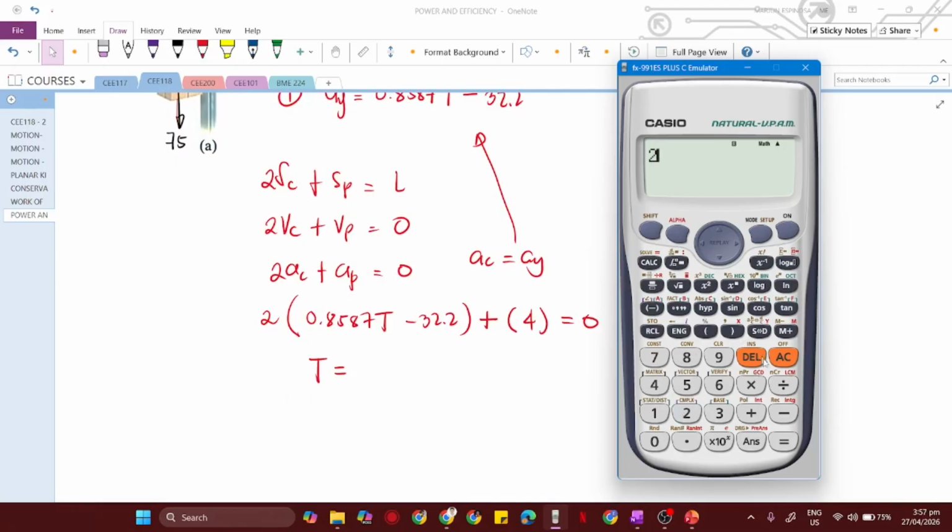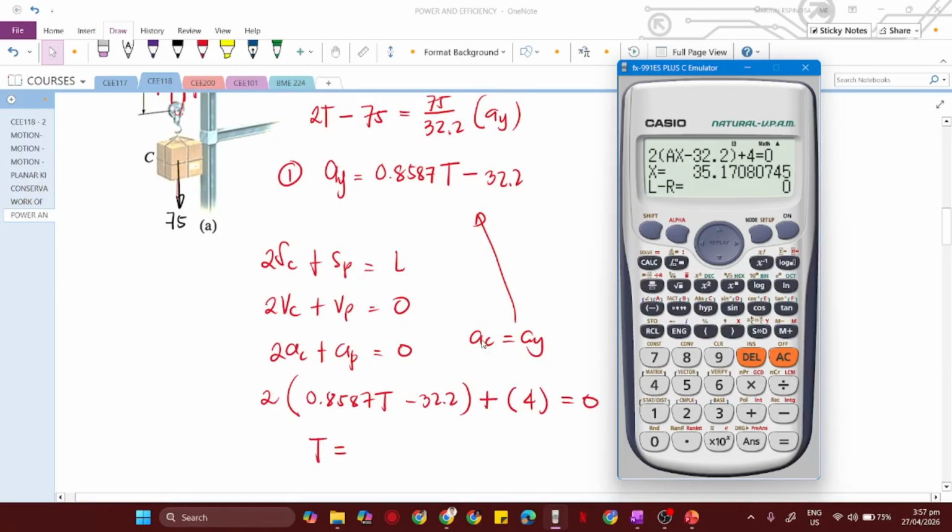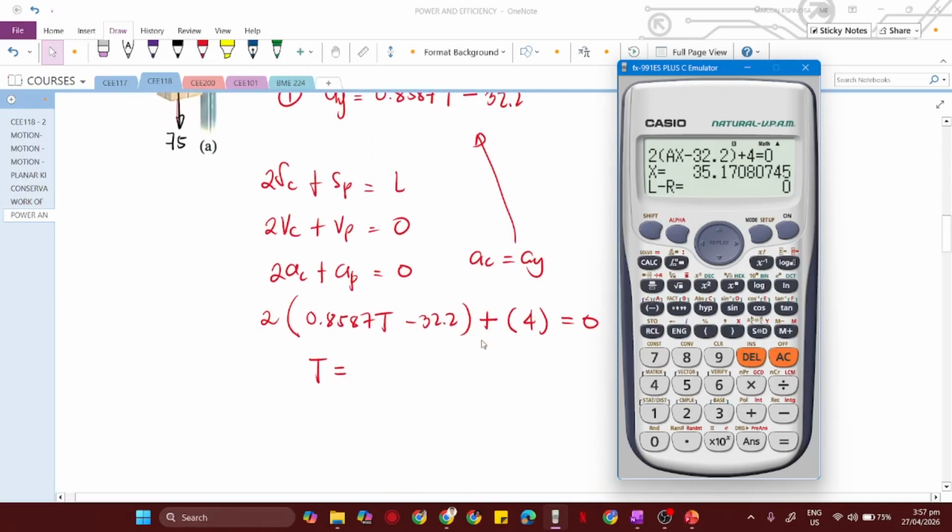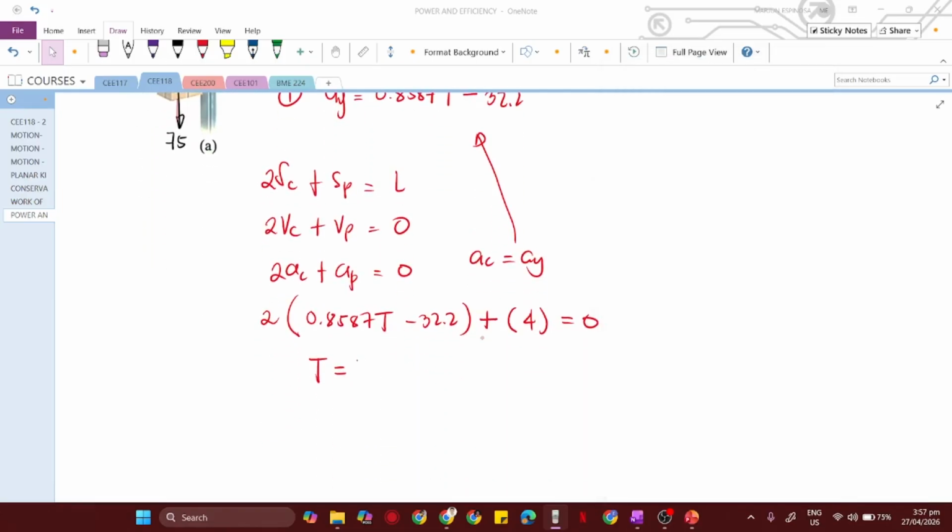Ano sagot niyo dito, guys? Okay. Kaya mali tayo kasi, what if i-store natin to? Okay, so that is 2 times store natin A, tapos X minus 32.2 plus 4. Check ko lang kung equal ba sa shift solve. So A, that is correct. Then X, that is 35.17 pa rin, no? Saan ba tayo nagkamali? I think wala naman. Okay, sige. Tension is equivalent to 35.17.